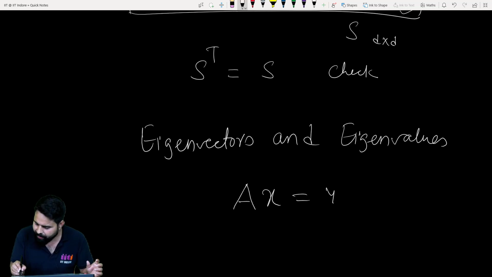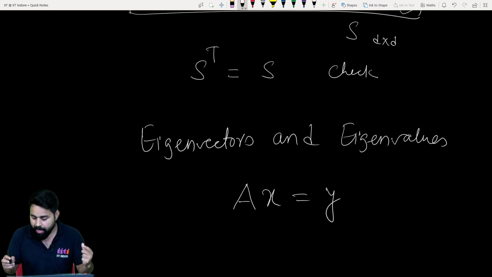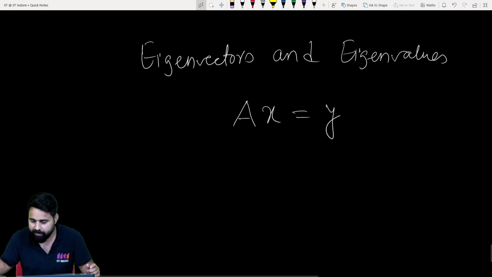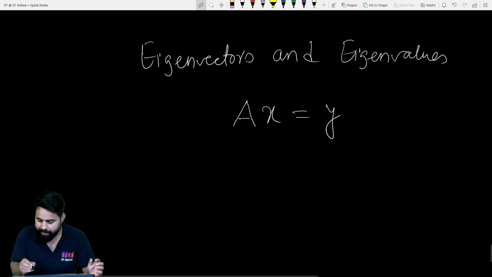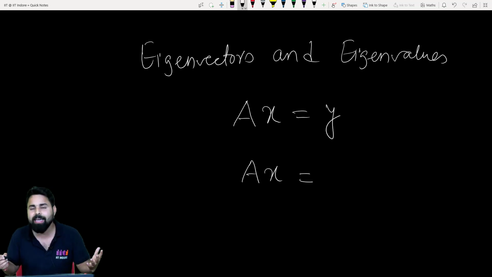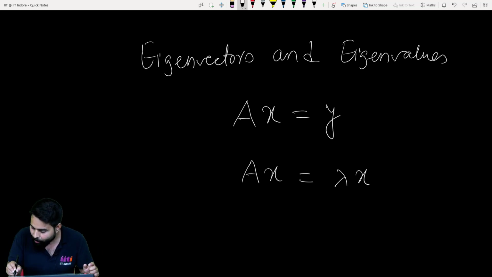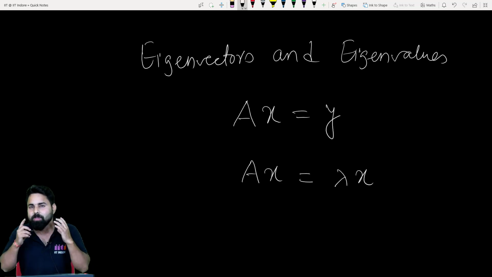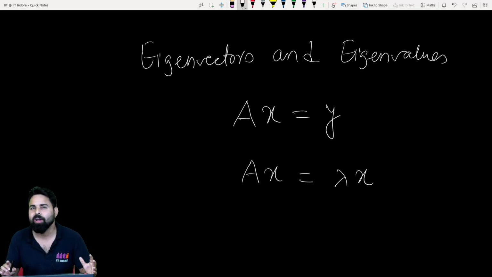It will give you another vector. Very simple, right? Now there are some special vectors such that if you multiply them with the matrix, the output y is nothing but some scaling of the same vector. If such is the vector, we will call this vector an eigenvector.